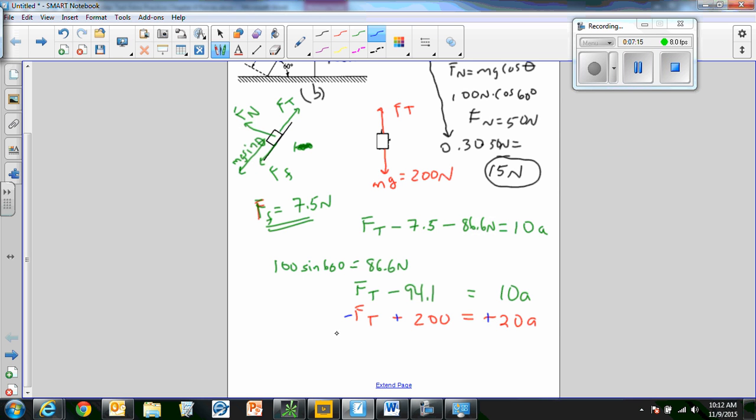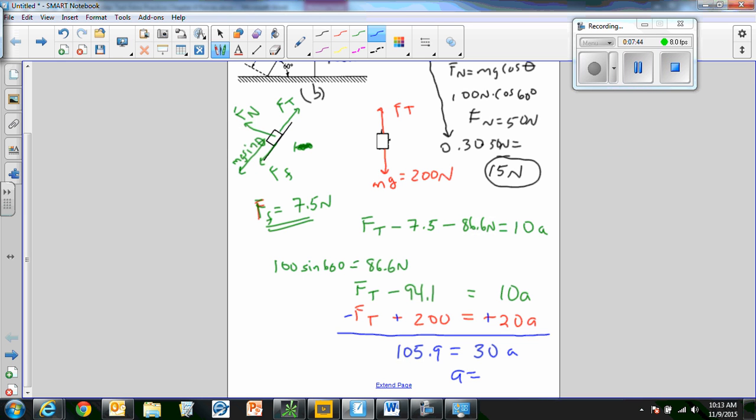My equation becomes 200 minus 94.1, which gives me 105.9, equals 10 plus 20, which is 30, times a. 105.9 divided by 30, acceleration is 3.53.